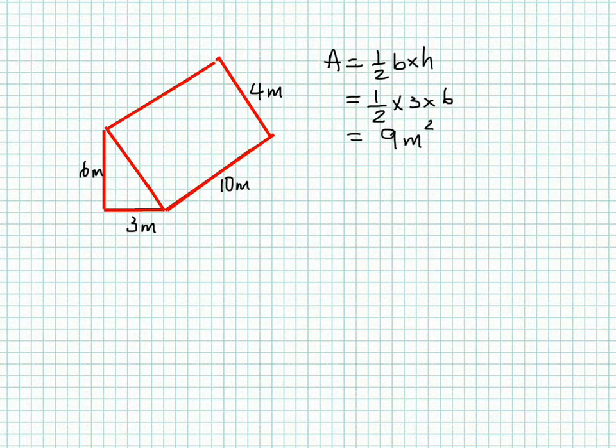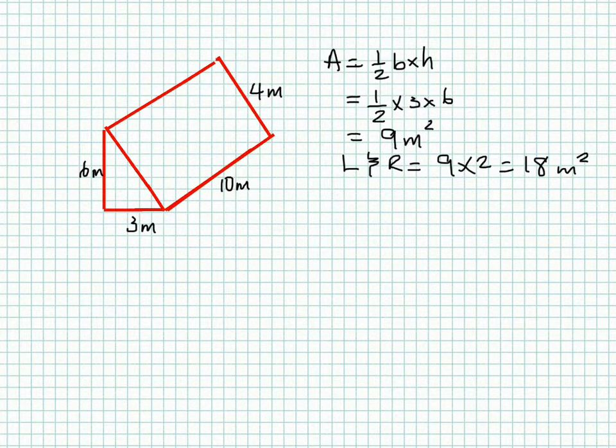Now remember we have the exact same triangle on this opposite side, so both my left and my right side is going to have 9 times 2, which is 18 square meters.